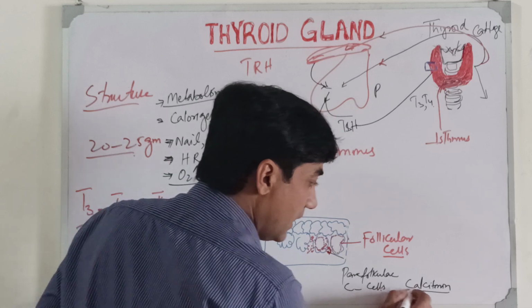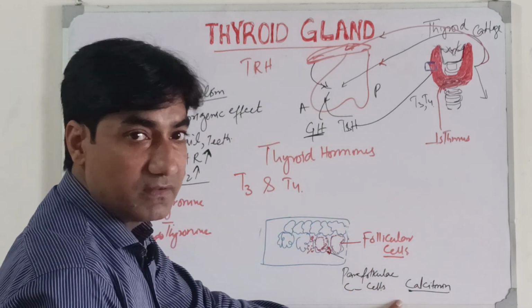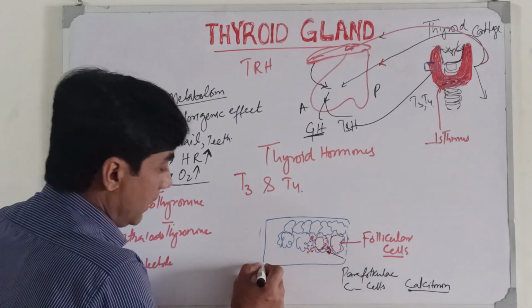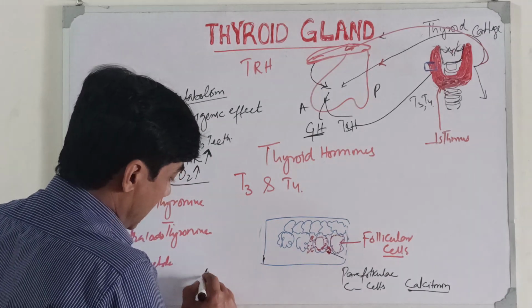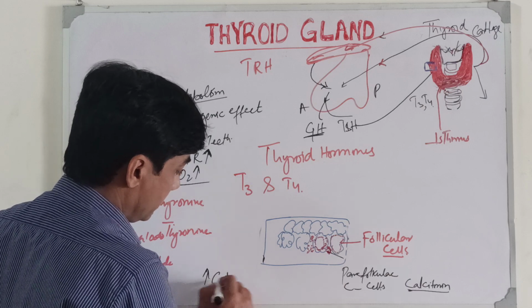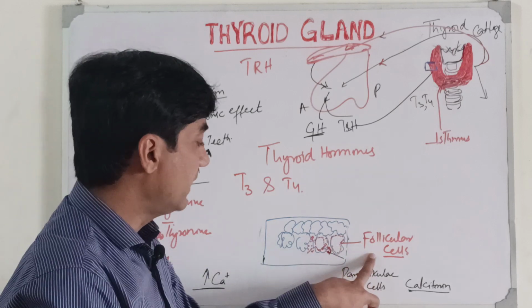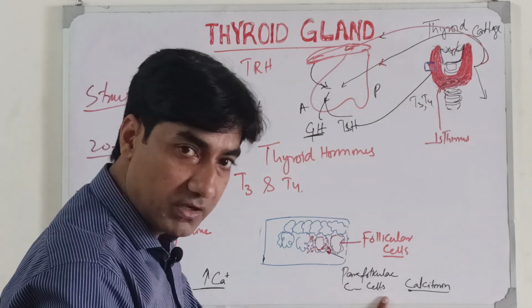Calcitonin is basically released when there is a high amount of calcium in the blood. So these are the follicular cells as well as the parafollicular cells.